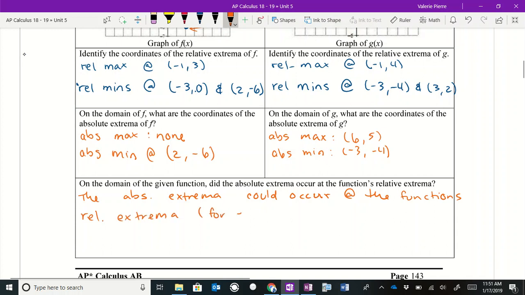For example, the absolute min was at the relative min.